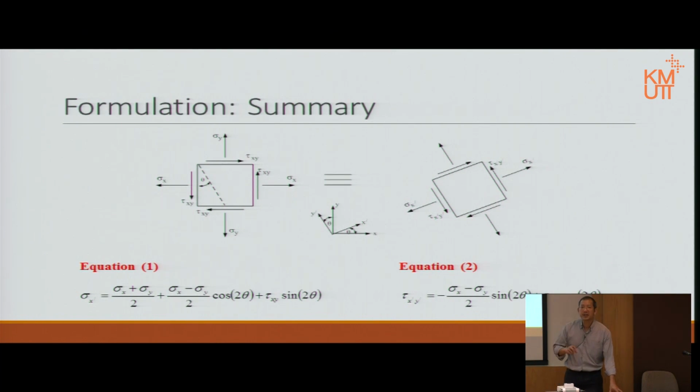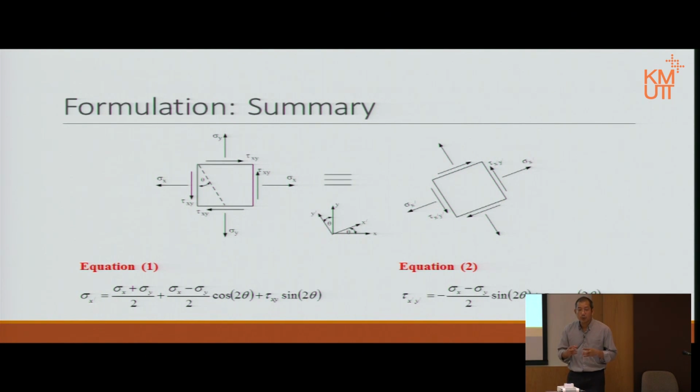As an engineer, if it's not constant, it's possible that we must deal with the maximum values of both sigma x prime and tau x prime y prime, meaning the maximum of the normal stress and the maximum of the shear stress.